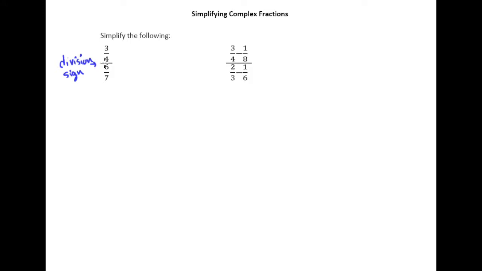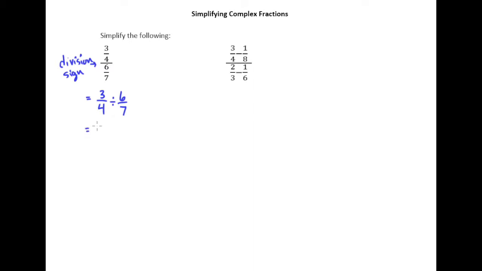Because we have that understanding, we can rewrite this problem. Instead of 3/4 over 6/7, we can write 3/4 divided by 6/7. And then once we do that, it becomes just a division problem.